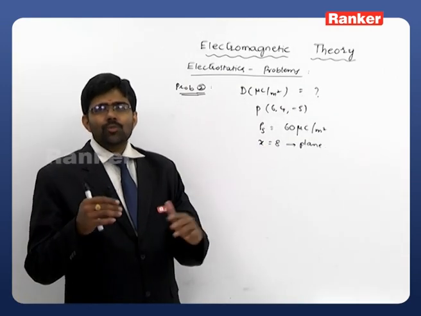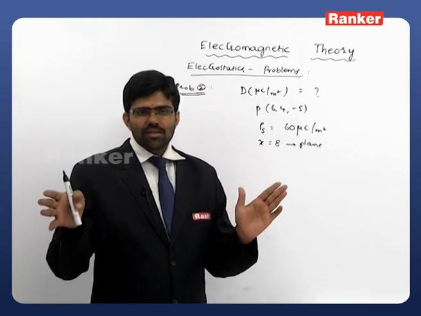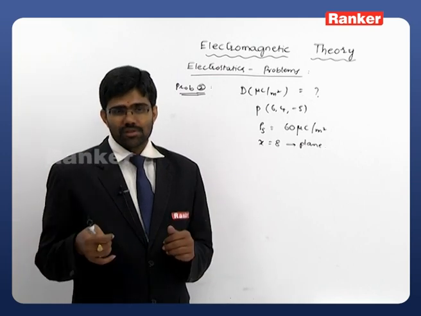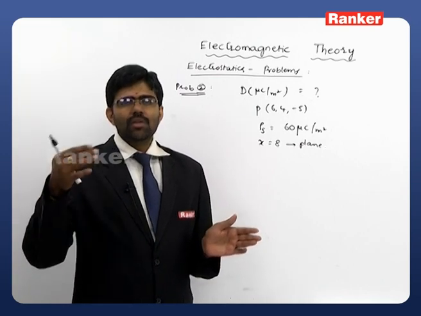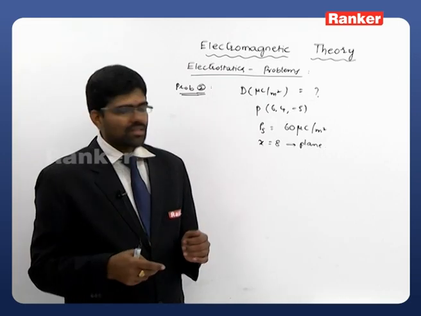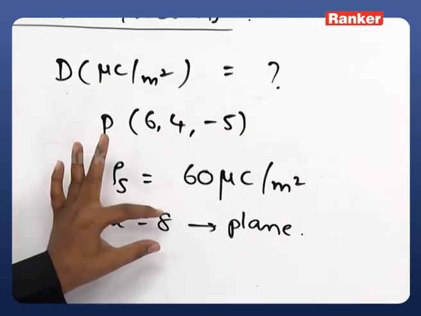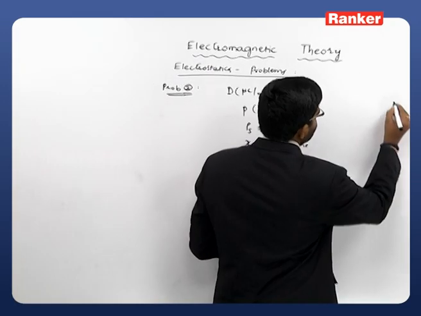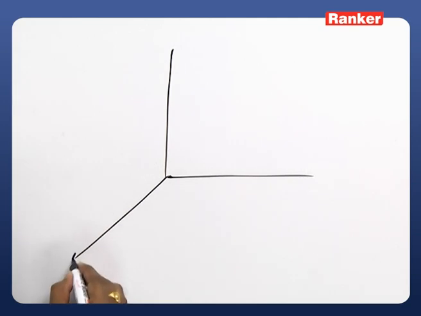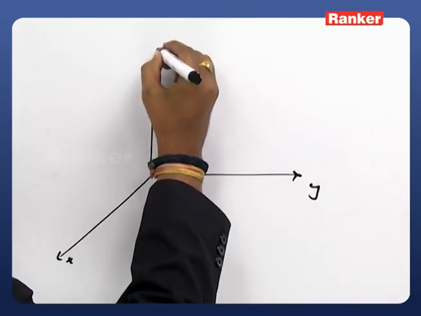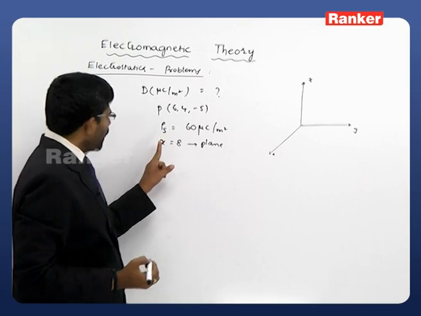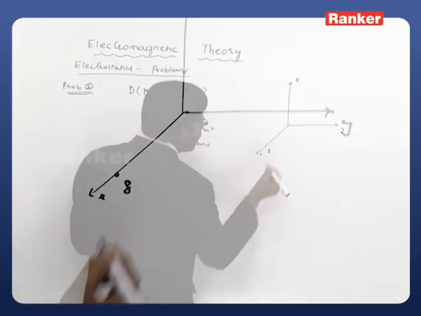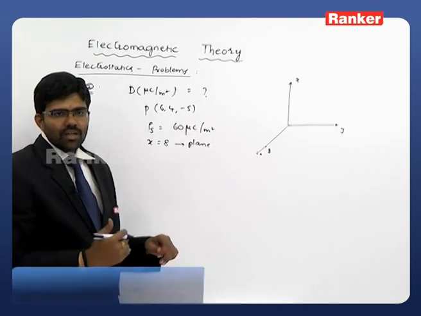So here what we have to do is imagine how the charge is placed and where we have to calculate. This is completely related to three-dimensional problems. Yes, everything is three-dimensional, so we need to relate them with the three-dimensional coordinate systems. Since it is given as the x equals 8 plane, take the rectangular coordinate system. So take the basic x, y, z, where the plane is placed at x equals 8.